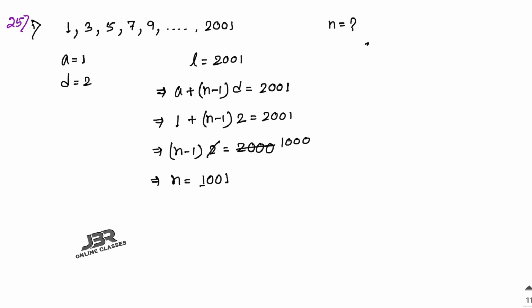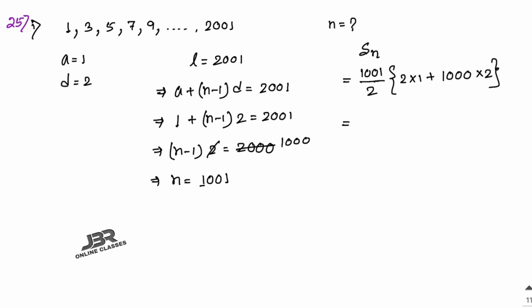Now you have to find out the sum Sn. So Sn is 1001 by 2, then 2 into 1, then 1000 into D, so into 2. Clear? Okay.